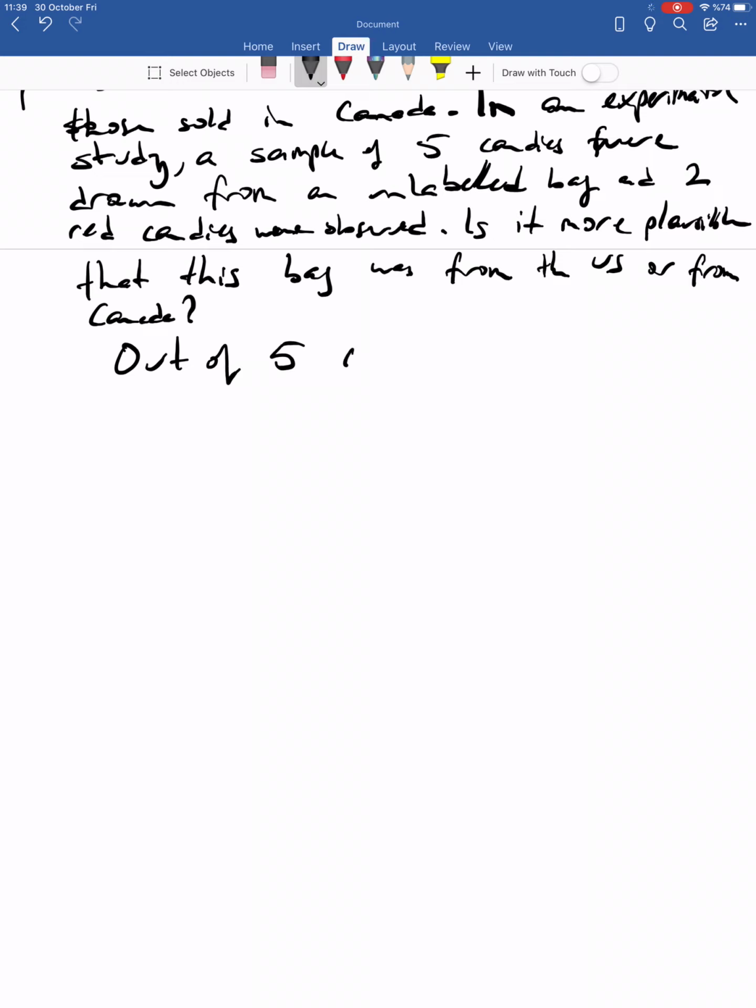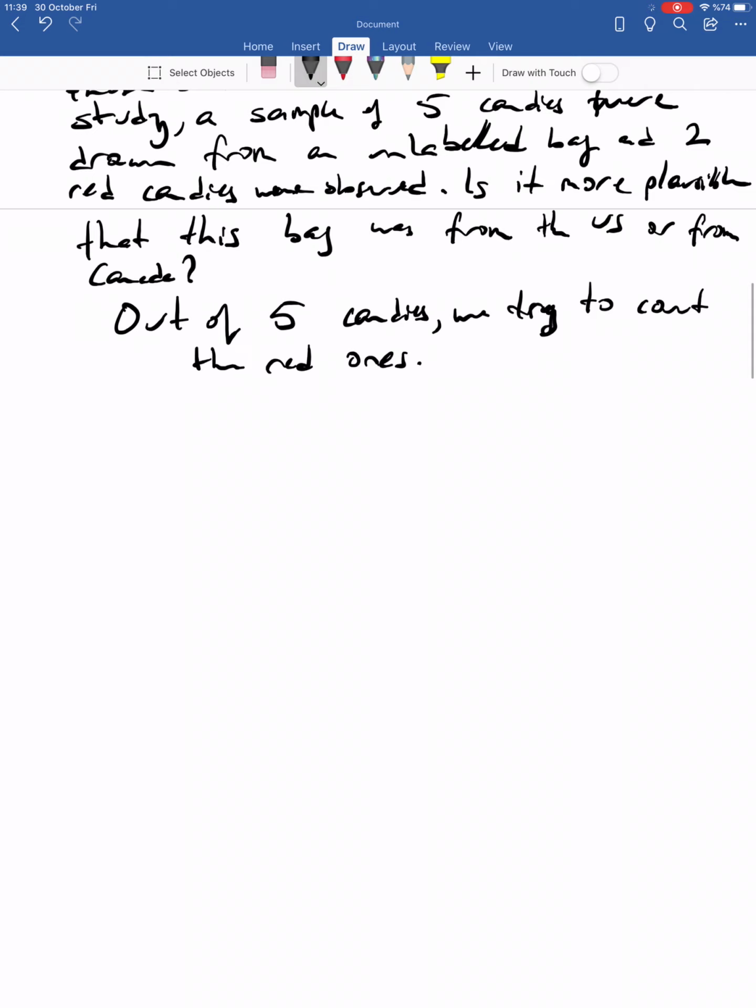Out of 5 candies, we count the red ones. Which type of experiment do we have? We have a fixed sample size. We randomly draw 5 of them and then count the number of reds. So this is a binomial experiment, right? And our random variable X is the number of red candies among 5.